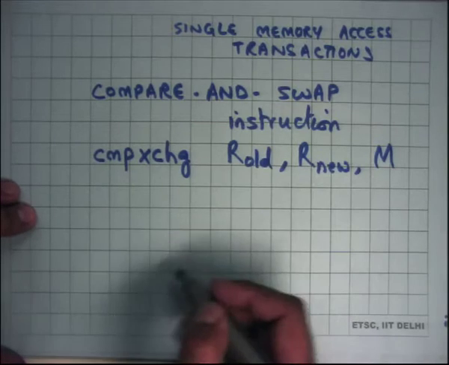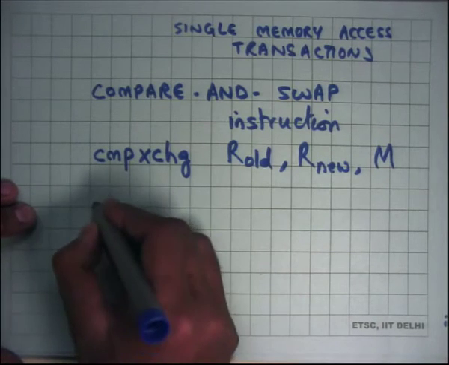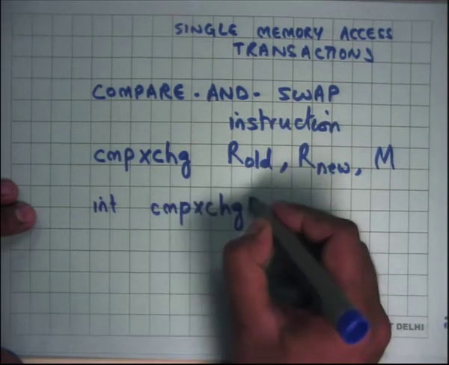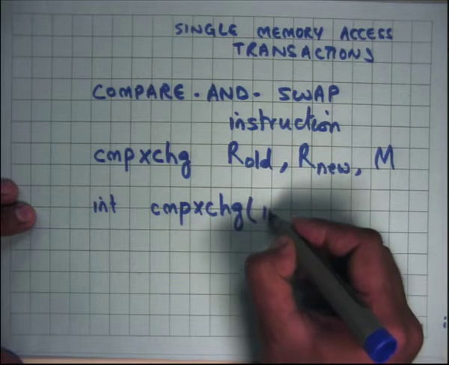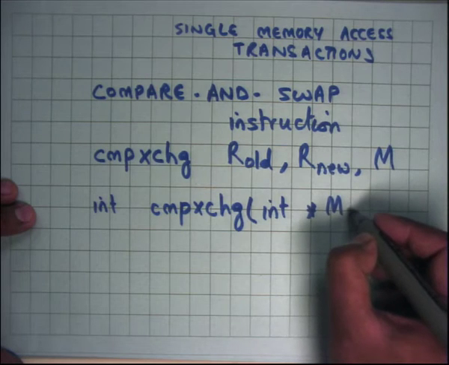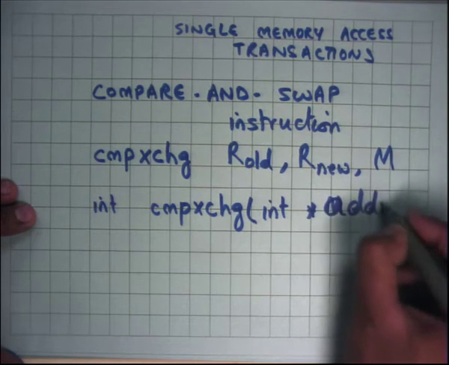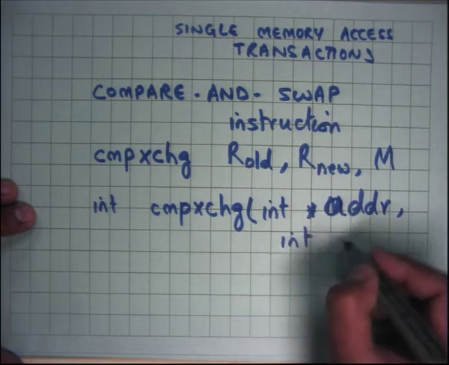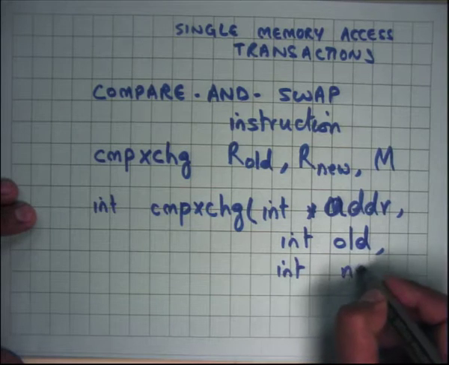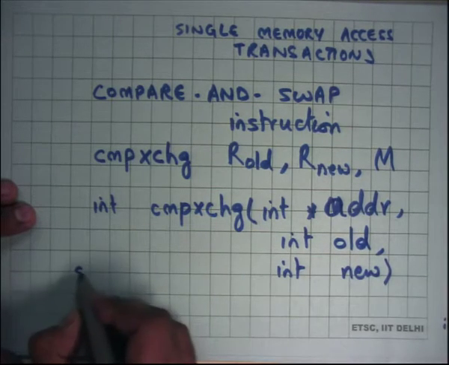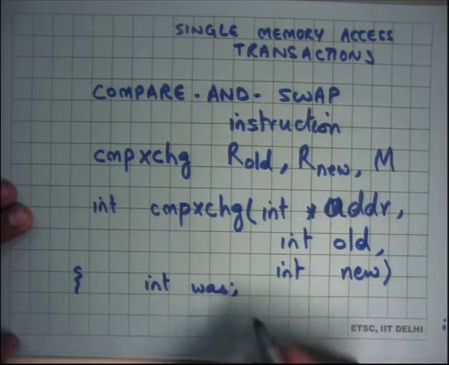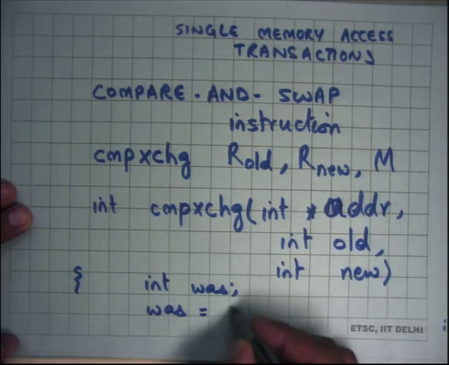And the semantics of this instruction are the following. I'm going to write C code to describe the semantics. Let's say I write it as a function, compare and swap, int star address, just to make it clear, int old and int new. It first reads, let us say, was is equal to star adder.